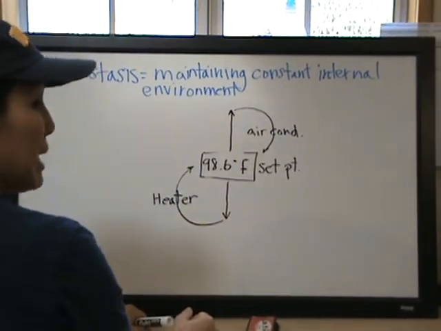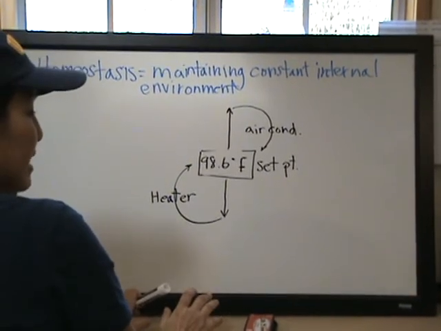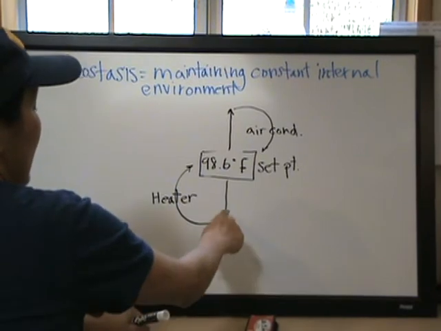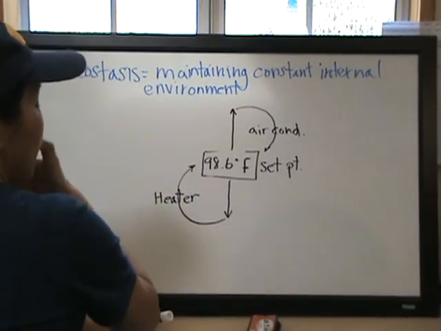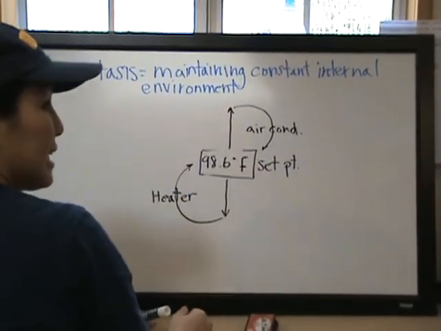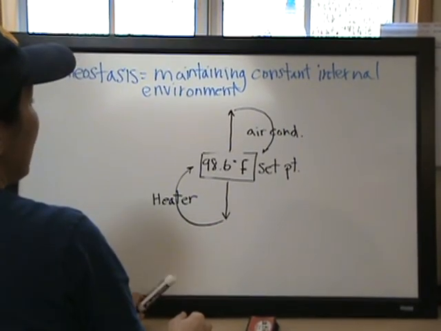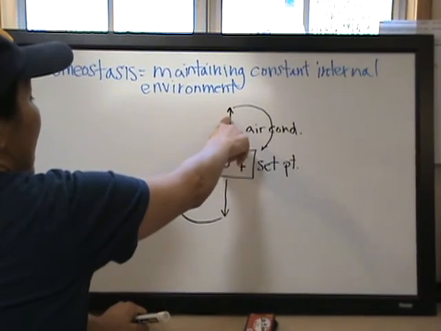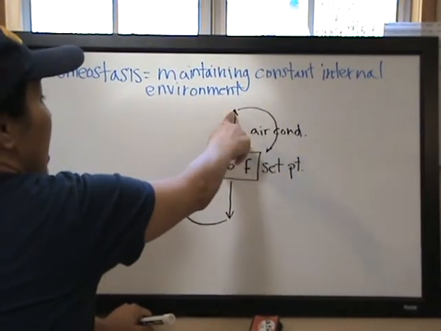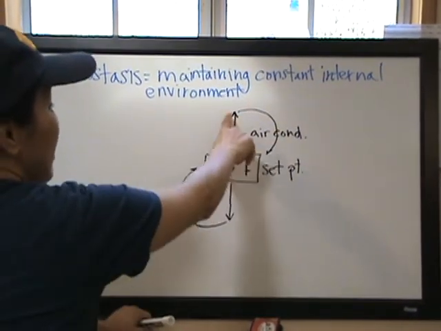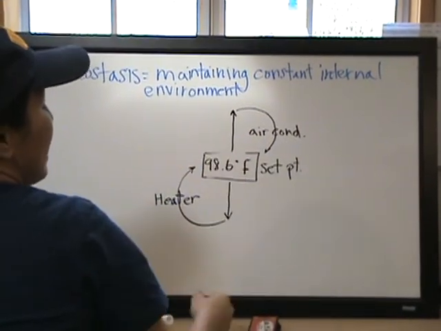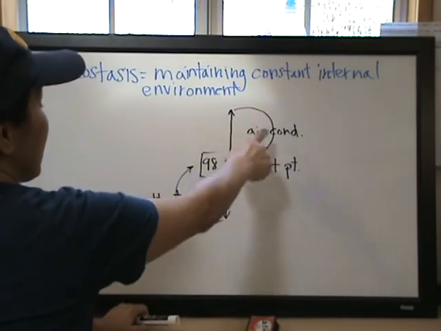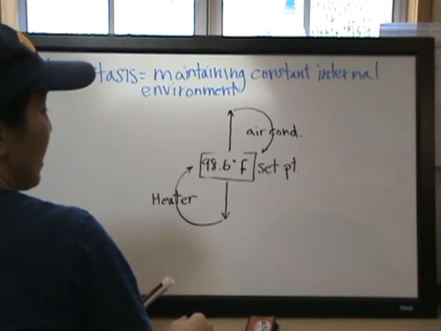We don't have a heater, but we have muscles that contract, which produces heat. So our muscles begin to contract, we shiver, and we produce heat to bring our temperature back up. If the temperature gets into the 90s or 100 degrees outside, our body temperatures begin to rise, and we sweat in response. That's our air conditioning. As the sweat evaporates off our skin, it carries heat away and brings our temperature back down to its set point.